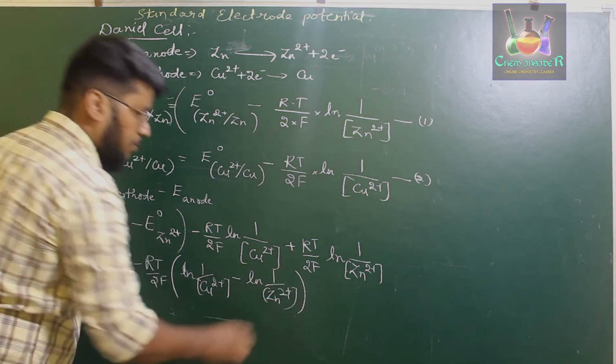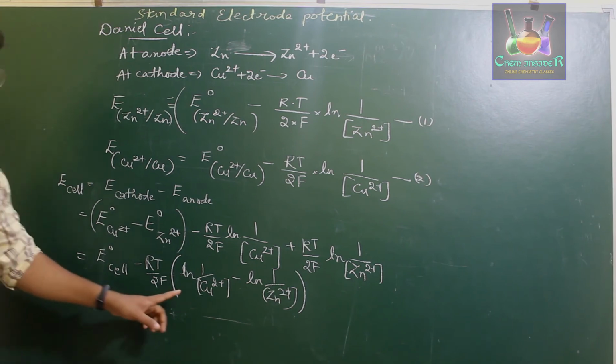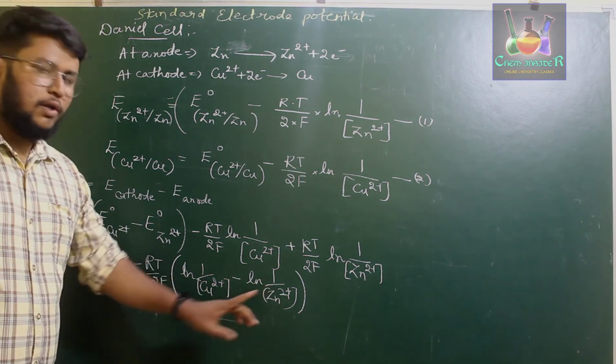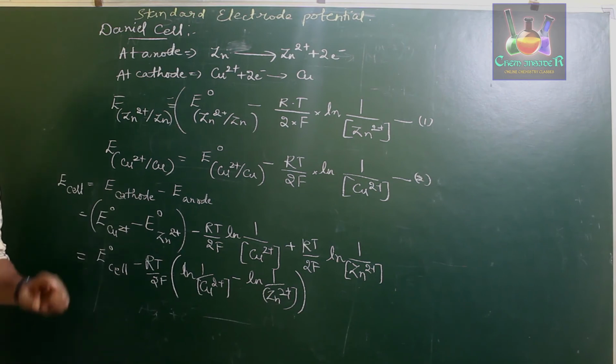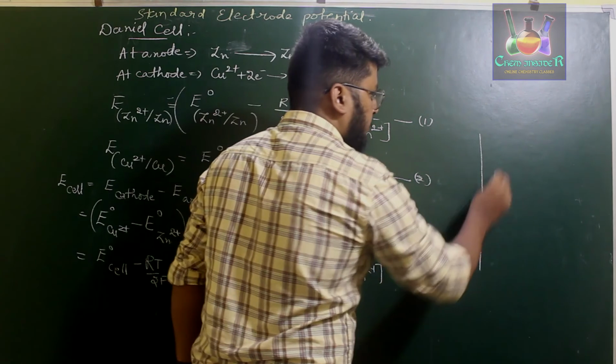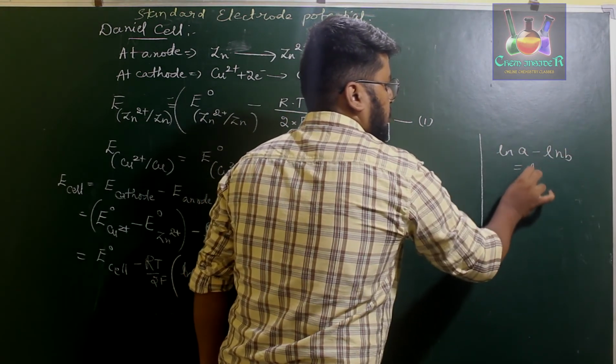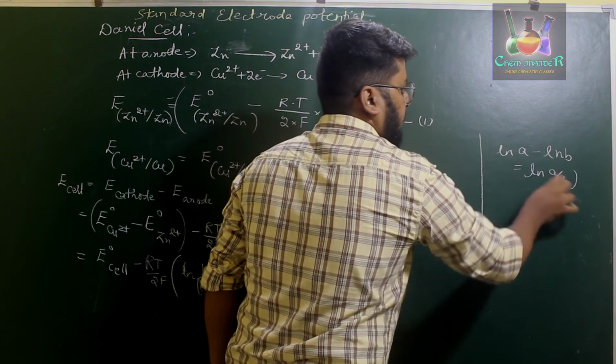So this will be in a common bracket. Now further, what we know is ln A minus ln B is nothing but ln of A by B.